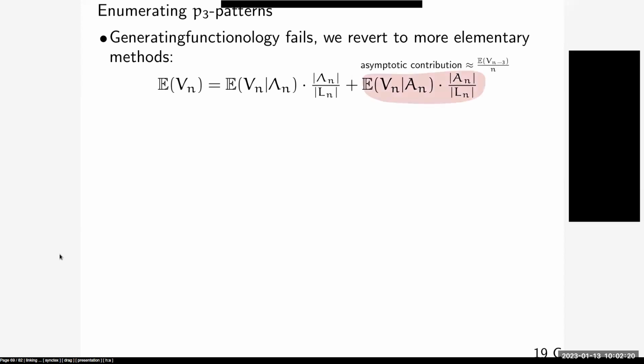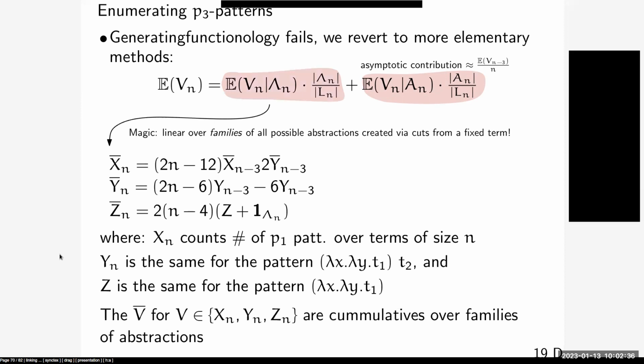Here we can see that because applications are rare asymptotically, almost no term is an application. Asymptotically, almost all terms are, with probability 1, abstractions. We can bound crudely the asymptotic contribution of the case of applications, and we only need to consider abstractions asymptotically.